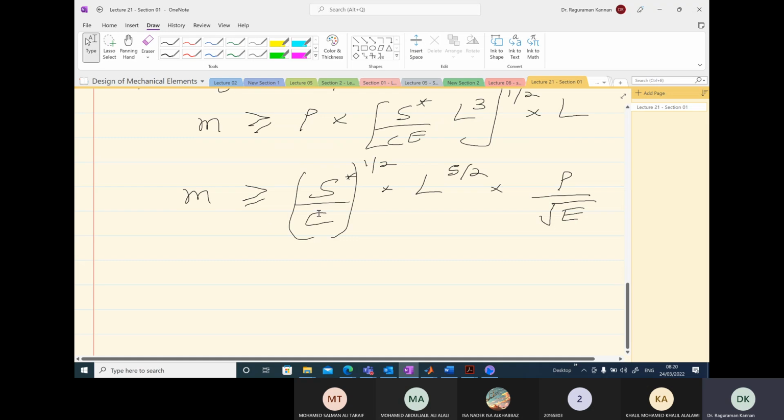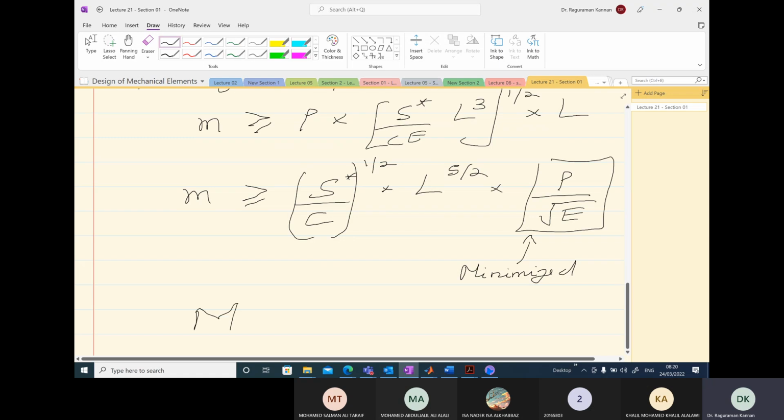So we cannot play with it. The constant C is also fixed. We cannot play with it. So these two terms are fixed. The only thing we can play with is this term over here, the square brackets. So that should be your material index. And this value should be minimized, kept as minimum as possible.